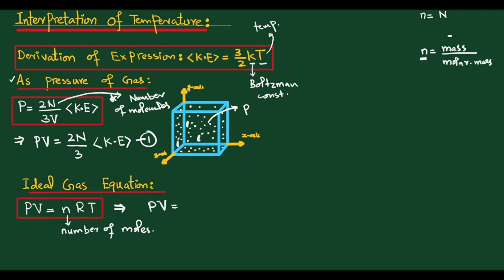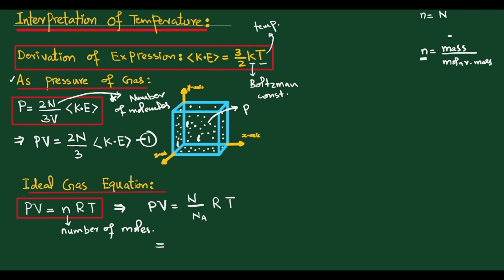So we can get the number of moles by two relations: the mass divided by molar mass, or the number of molecules divided by Avogadro number. Here we can write PV is equal to n, the number of molecules divided by Avogadro number, times R, the ideal gas constant, and capital T.